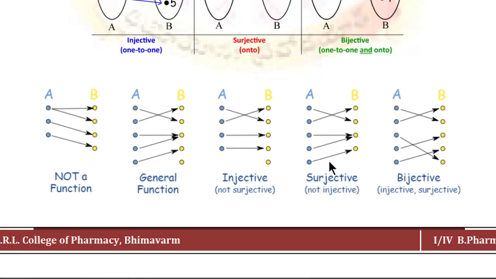It is also an onto function because no element is left over in set B. So it is a bijective function, that means it satisfies both the one-to-one function and onto function.